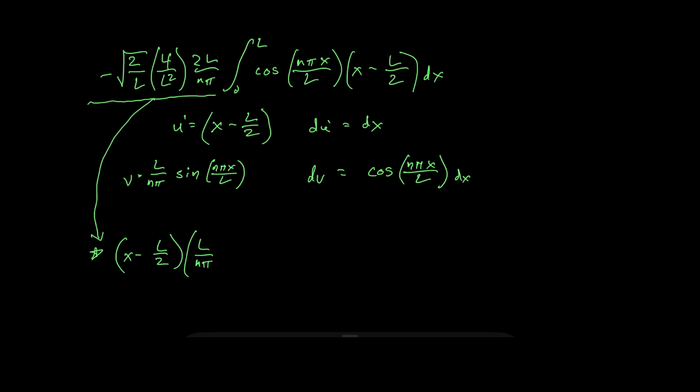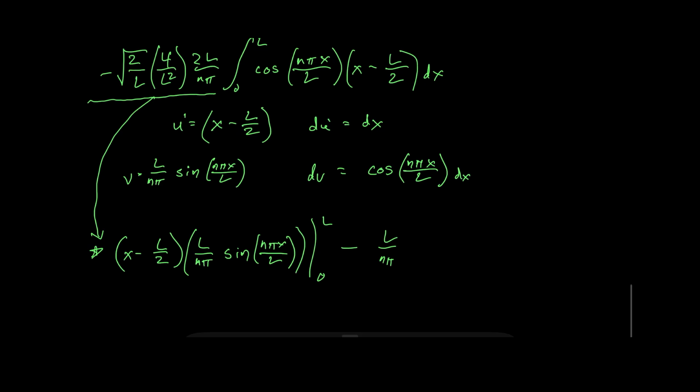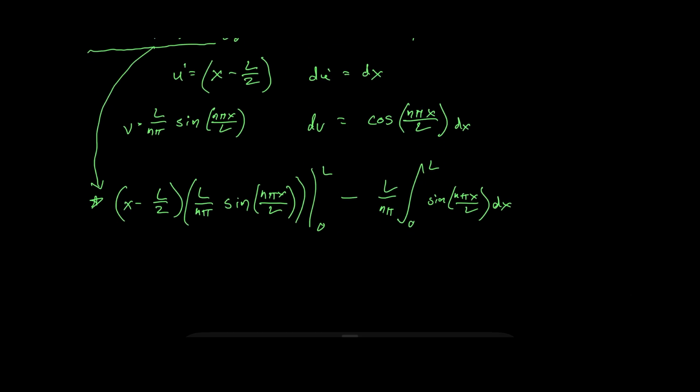Then minus L over n pi, integral from 0 to L of sine n pi x over L dx. There we go. We finally get something easy to solve. Let's evaluate this side first.